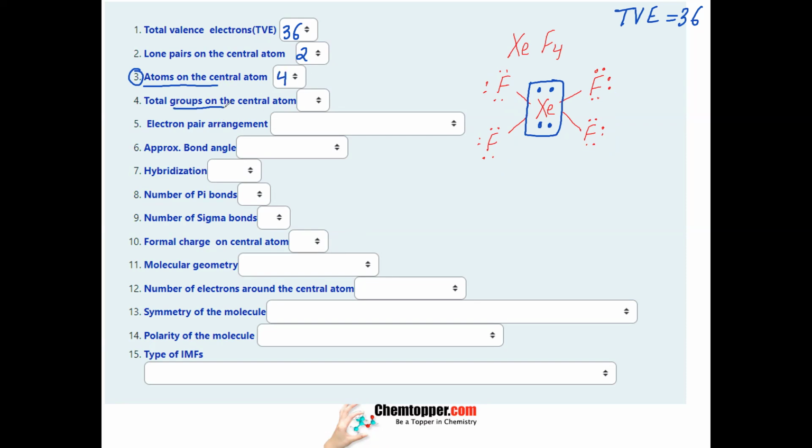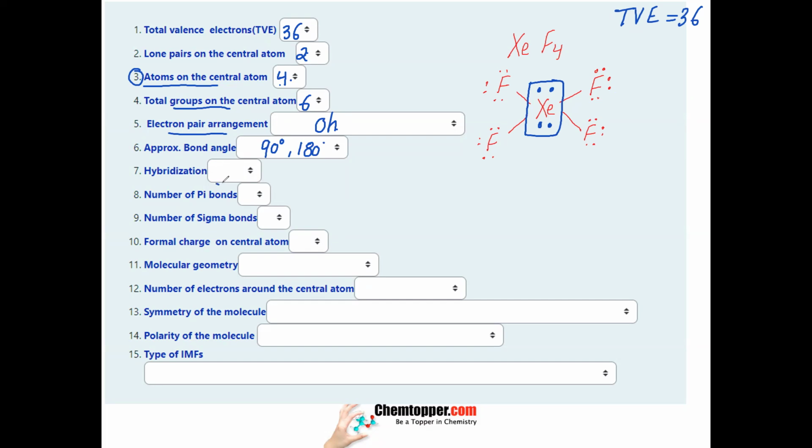Total groups on the central atom? 6. 4 plus 2, 6 lone pairs and the atoms. EPA for the 6. Octahedral. Bond angle 90° and 180°.